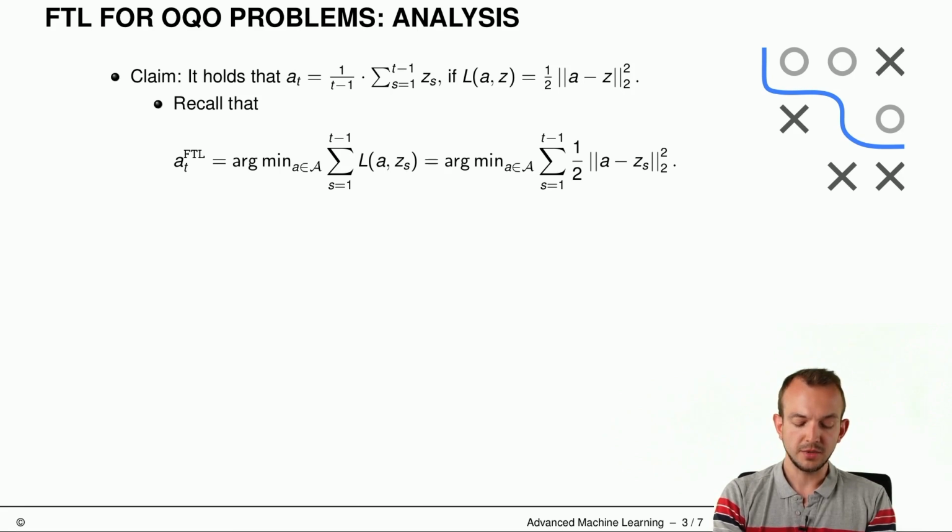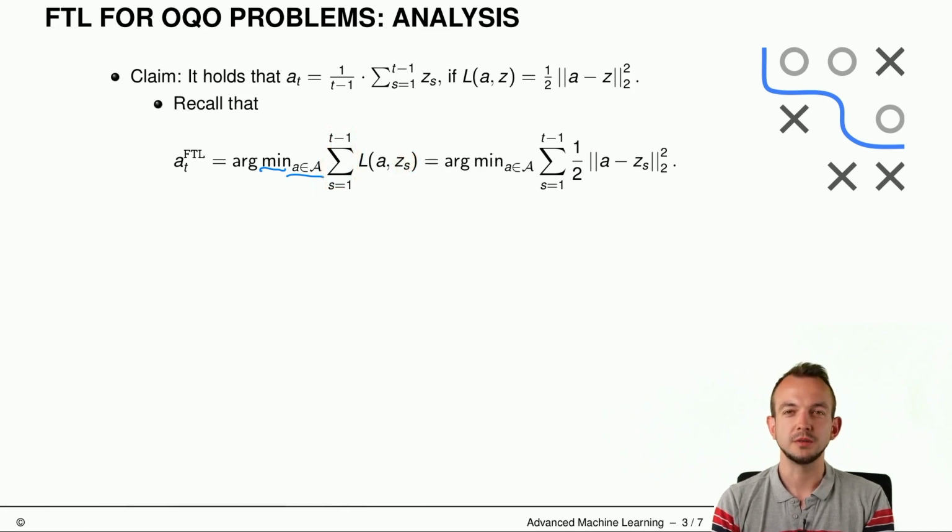It's the element in the action space which is minimizing the cumulative loss among all actions for the data seen so far, for the z's we have seen till time step t. And this includes z_1 till z_{t-1}, because the one in time step t we will only see in our basic online learning protocol after we have carried out this action here.